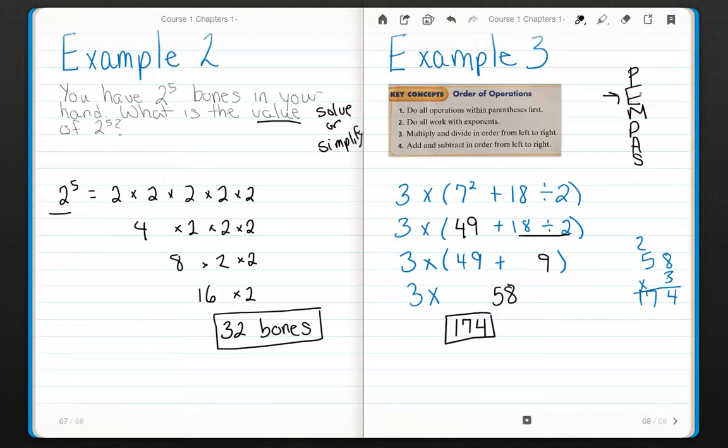Neatness matters. Follow your order of operations. Follow your PEMDAS, even if it's within parentheses. Do everything in there first, following this order, and then do what's outside your parentheses. Okay? All right, that is it for examples. Go ahead and complete your CYU and your quick checks, and we'll go over this tomorrow.